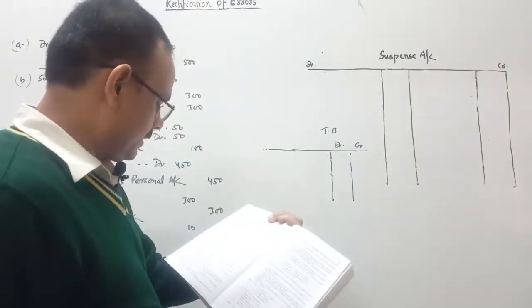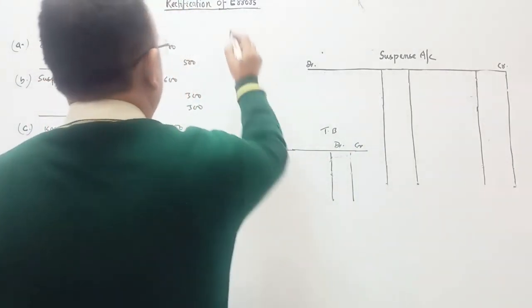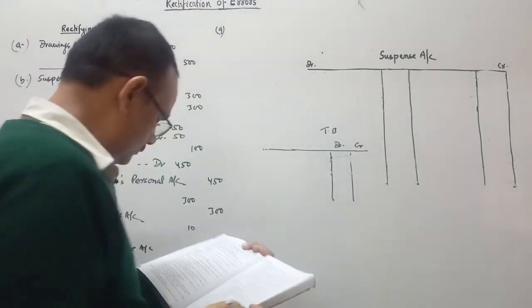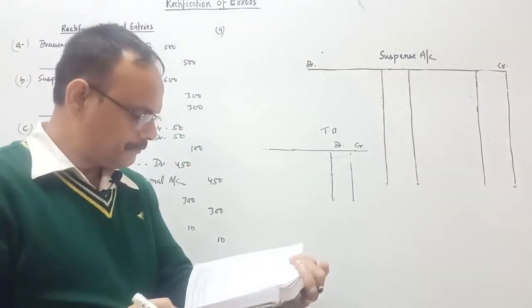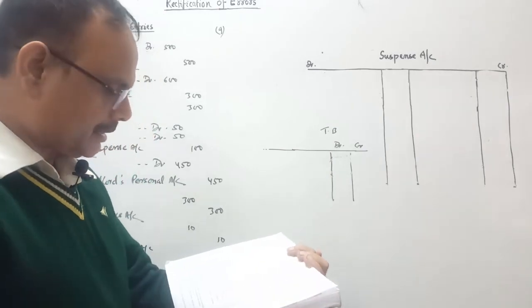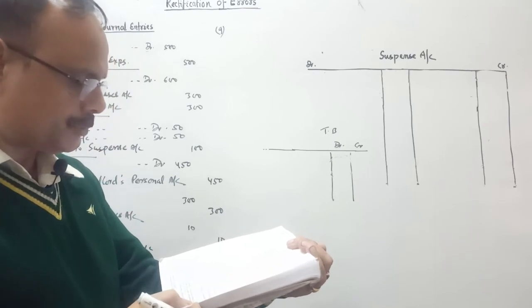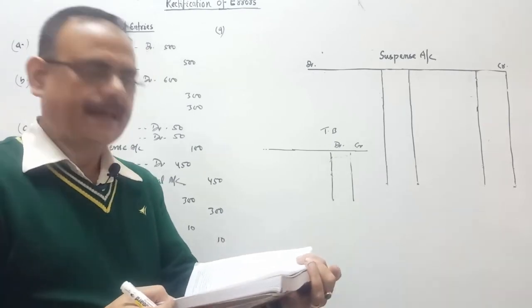Now coming to the next, G. Goods for rupees 100 have been returned by a customer. These have been taken into stock but no entry in respect of them has been made in the books.